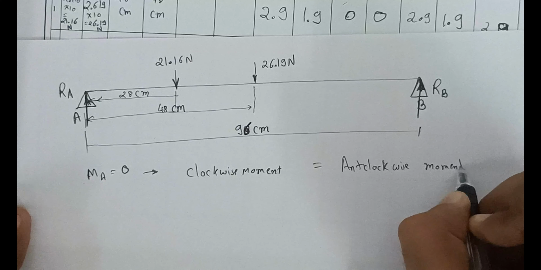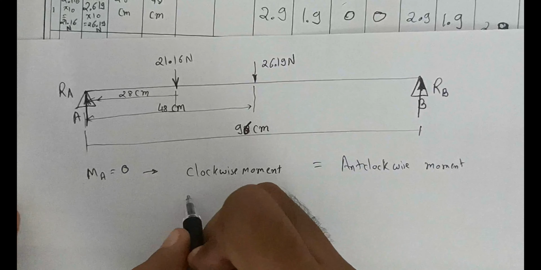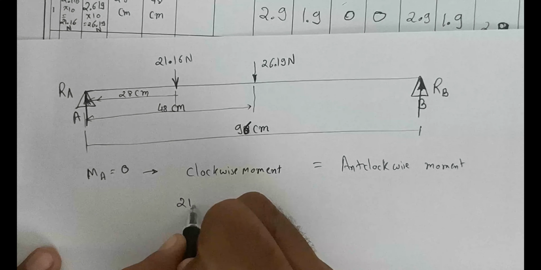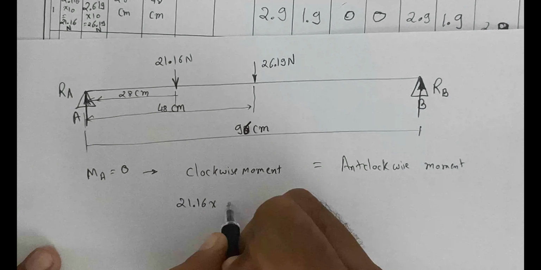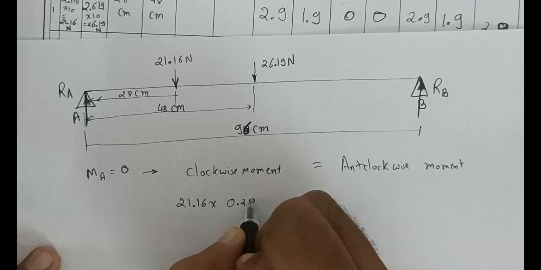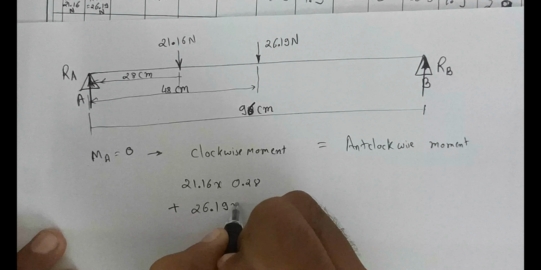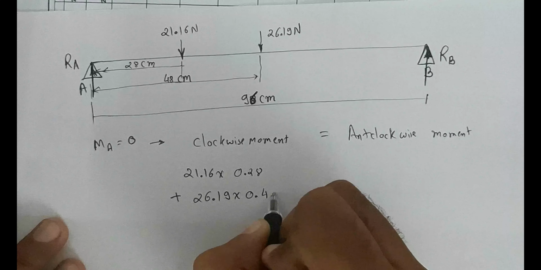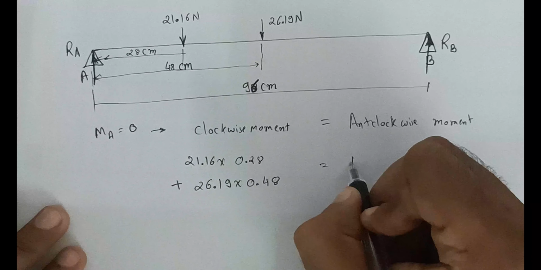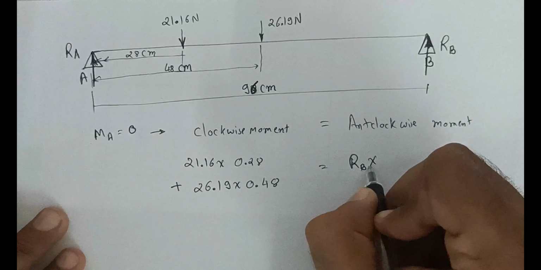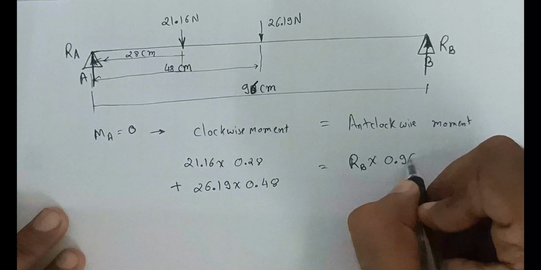The clockwise moment is due to 21.16 into 0.28 plus 26.19 into 0.48, which equals the reaction at B into 0.96.